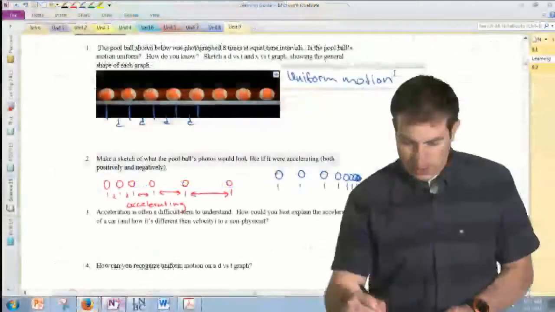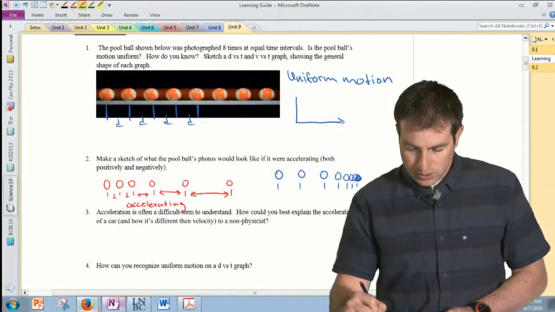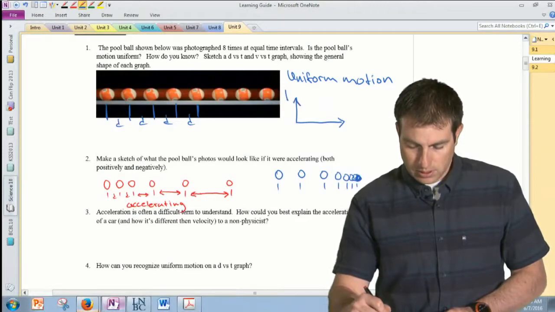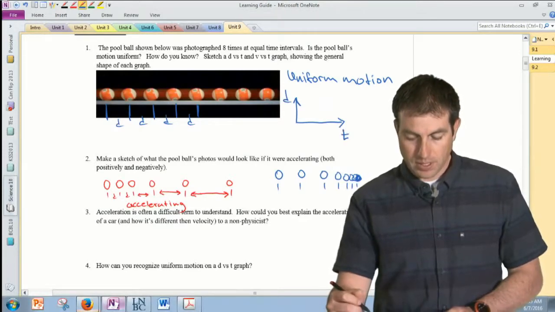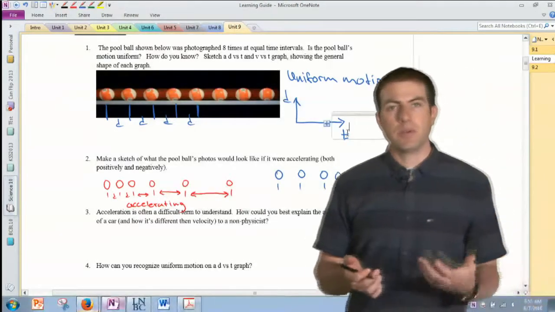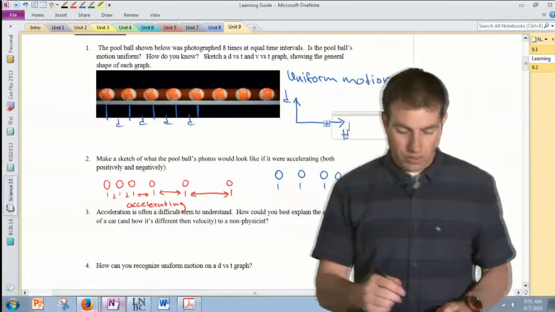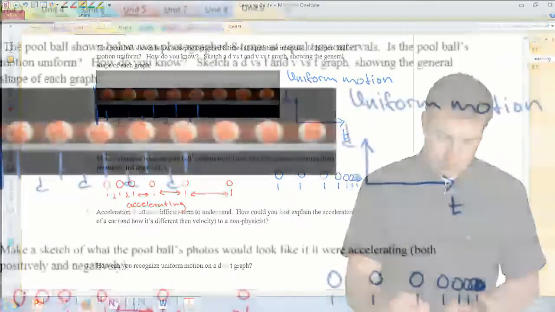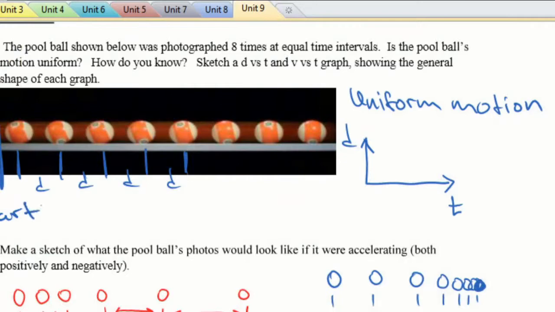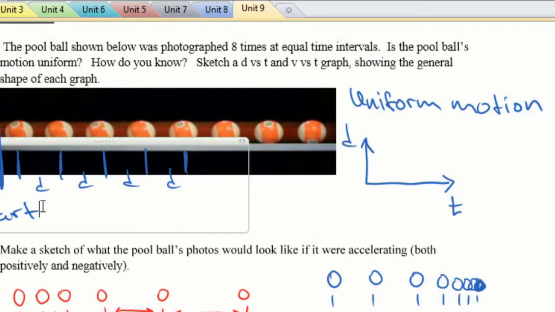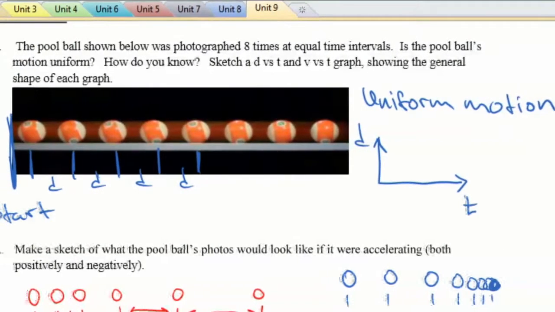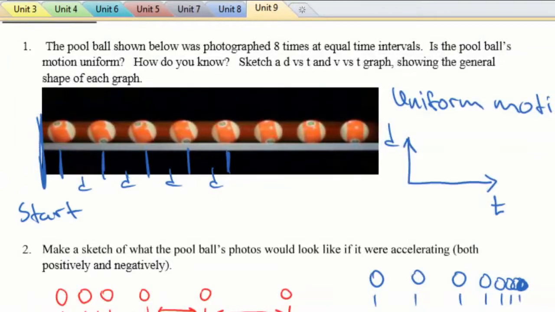If I were to sketch a distance versus time graph, so if it says sketch, I can just do this, distance, time. So as time progresses, is the distance away from where I started, let's call this the start, increasing, or decreasing, or not changing?